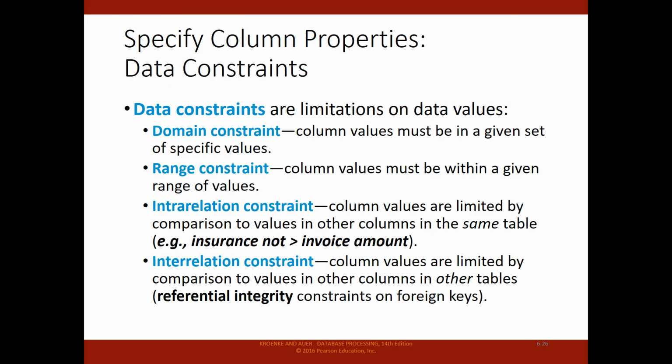So another thing that databases provide us with is what we call data constraints. Data constraints include domain constraints. What we mean by domain constraints is that for every field, let's say the first name, we should include only first names.